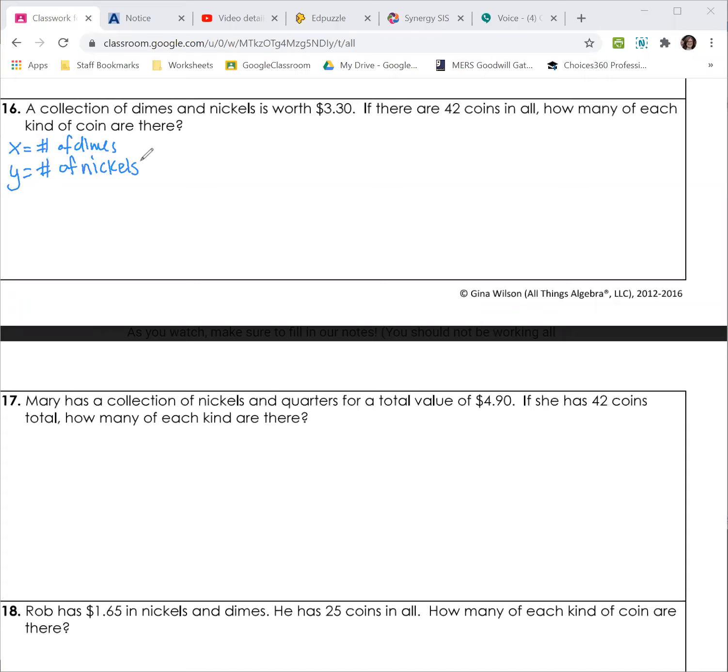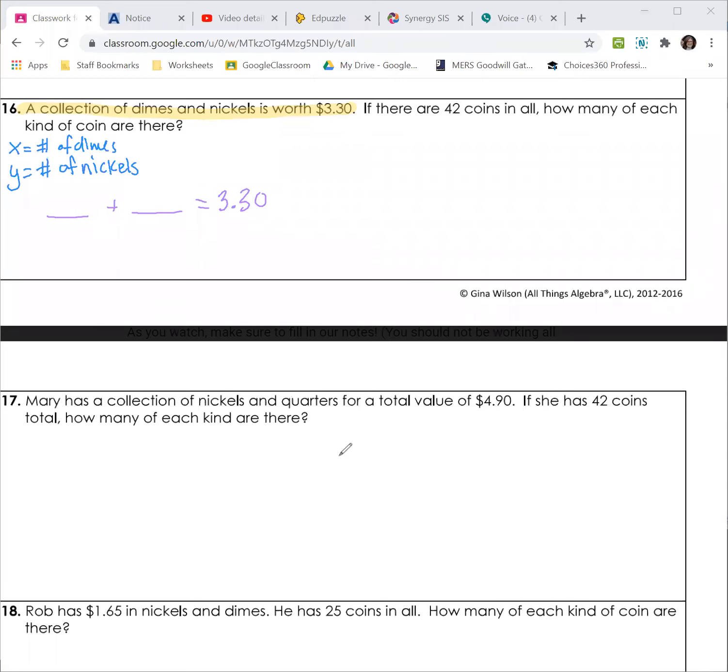So let's look at our first clue. Our first clue says that a collection of dimes and nickels are worth $3.30. So how can I write that equation? How can I find the worth of my dimes plus the worth of my nickels, totaling $3.30? What do we know about dimes? How much are they worth?